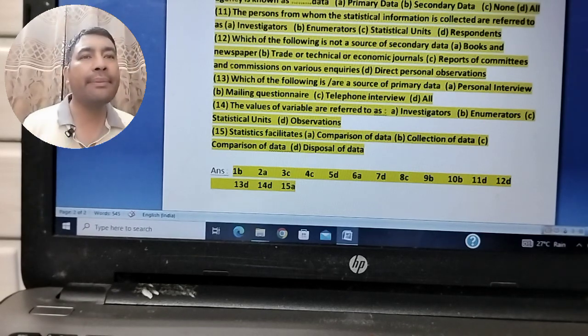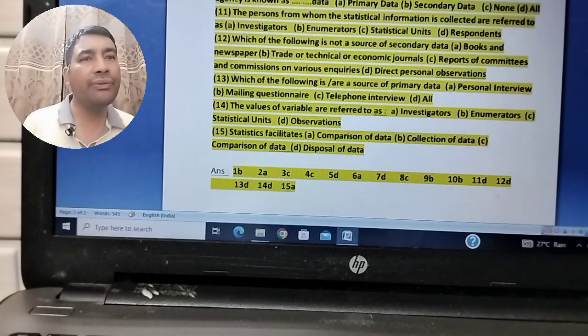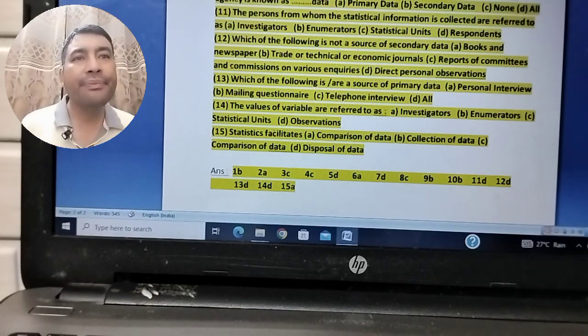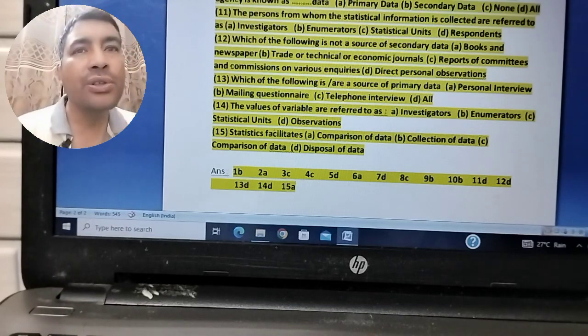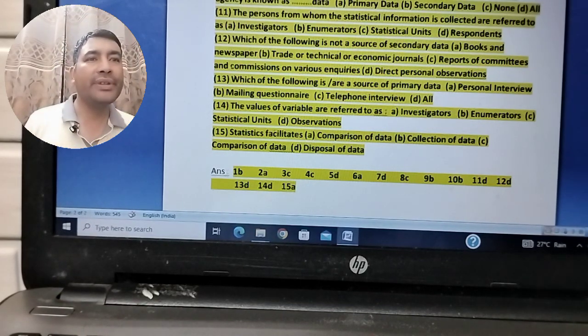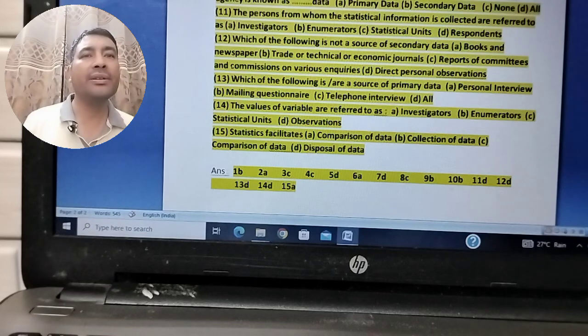Telephone interview, sometimes if I am not able to meet him personally, I may make a telephone interview and ask some questions regarding my investigation. That is also a primary source of data. So the right answer is all of these: personal interview, mailing questionnaire, telephone interview.